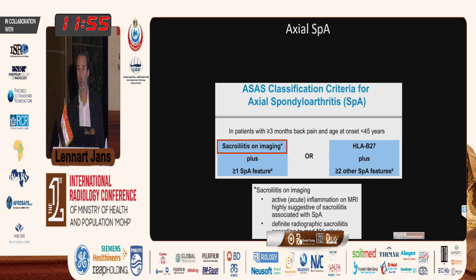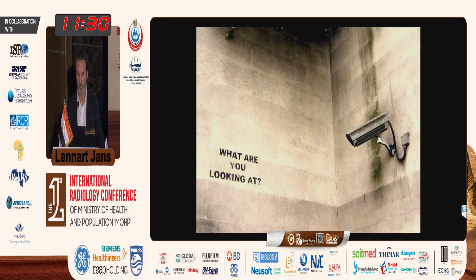We can do an MRI, and if on the MRI we can see clear bone marrow edema, clear active inflammation, then this is a sign of spondyloarthritis. The other thing that we can do is look at radiographs, and on radiographs we can also sometimes see very extensive sclerosis and erosions, and this is also a sign of sacroiliitis on imaging.